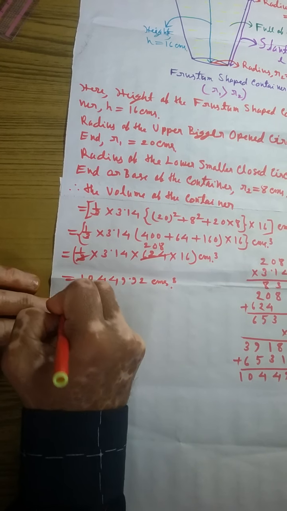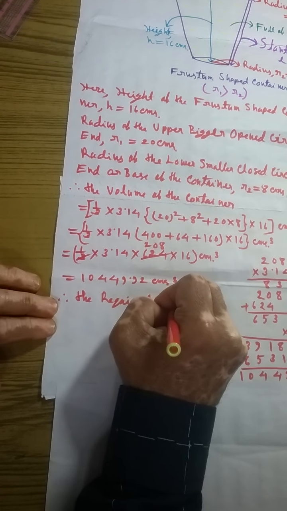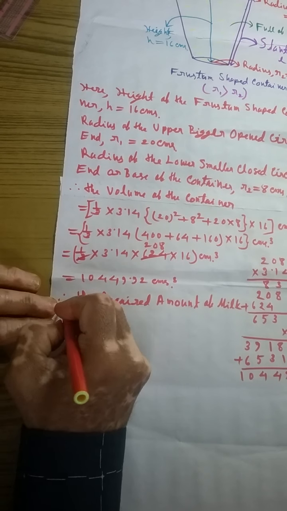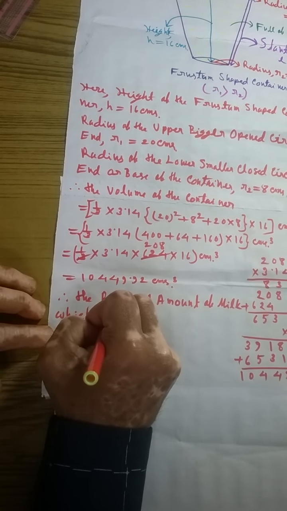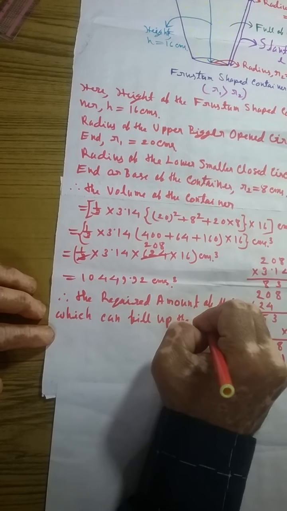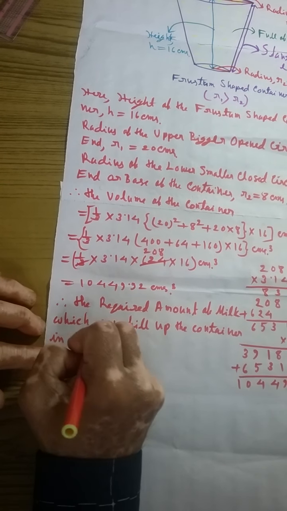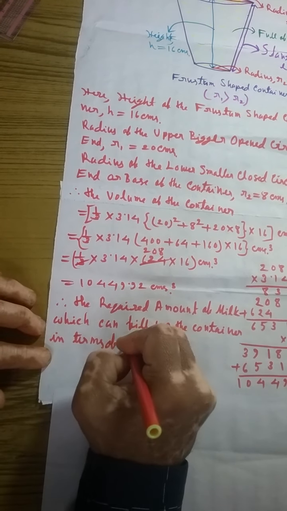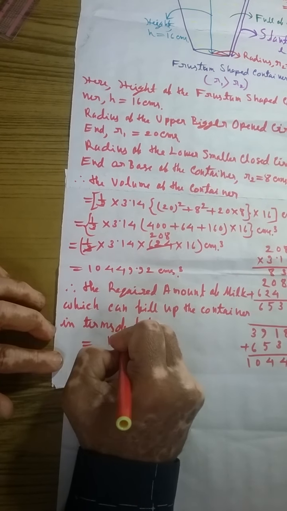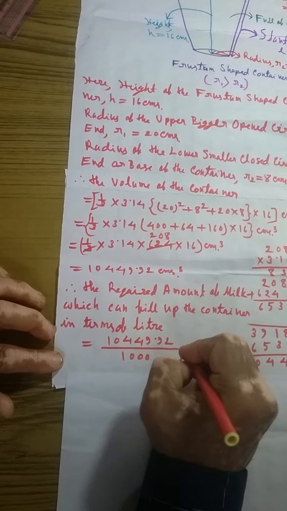After this, let us proceed in this way. Therefore the required amount of milk which can fill up the container, in terms of liter, is equal to 10449.92 by 1000 liters.